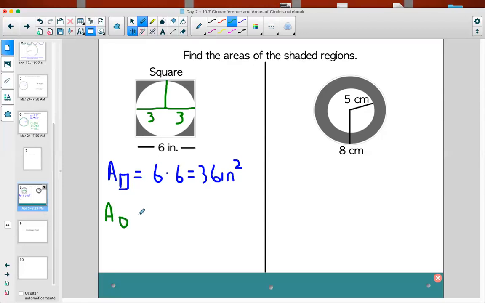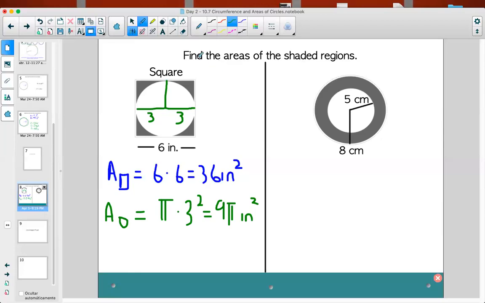And the area of the circle, remember, it is pi r squared. And then you're going to end up getting 9 pi, and we're going to use inches squared. Remember that 9 pi is similar to 9 times 3.14. So we can kind of get an idea of what that means.